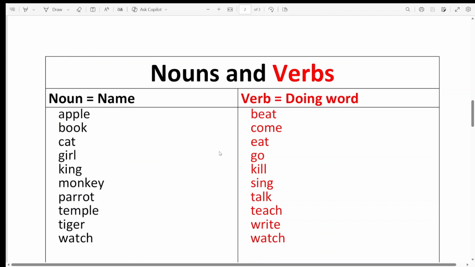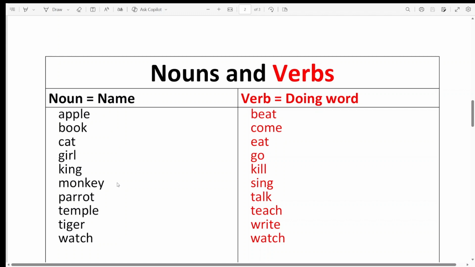Girl, the name of a person. And so is the king. Monkey, the name of an animal. And parrot, the name of a bird. Temple, the name of a place. So they are named. Now let's switch to verb.